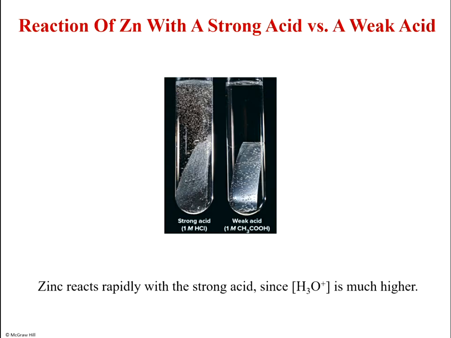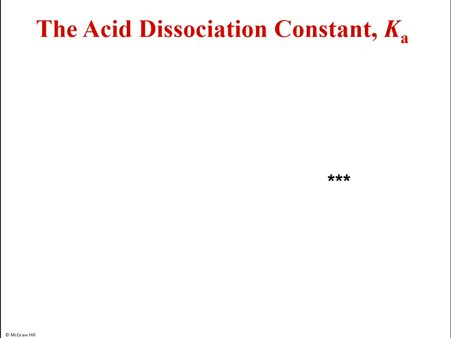On the left-hand side with 1 molar HCl, you get copious bubbling because the concentration of protons is very high. On the right-hand side, you can see very few bubbles because the weak acid, 1 molar acetic acid, has fewer protons. This is a kinetic effect. Zinc reacts rapidly with the strong acid since the hydronium concentration is much higher in the strong acid.